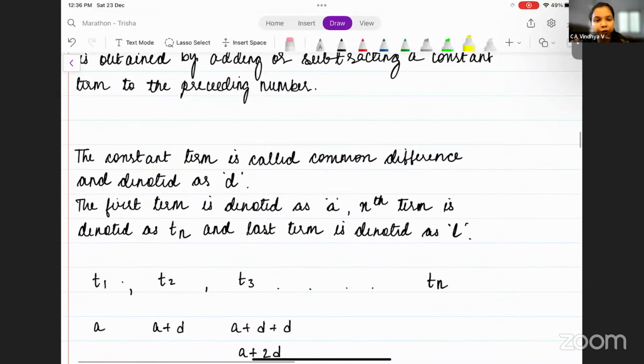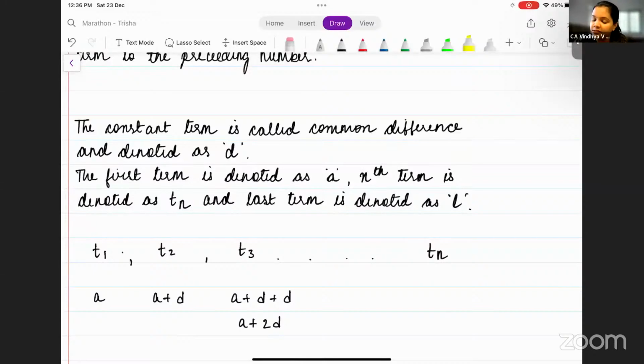A few notations here that you need to know. First is the common difference, which is denoted with D. The first term of an AP, which we can represent as A. It can also be called T1. The nth term is denoted as Tn and the last term is denoted as L. Now I want you to understand this: the nth term and the last term need not be the same.